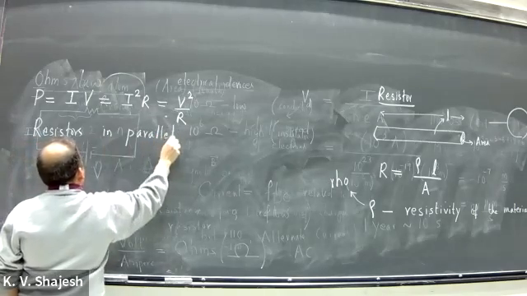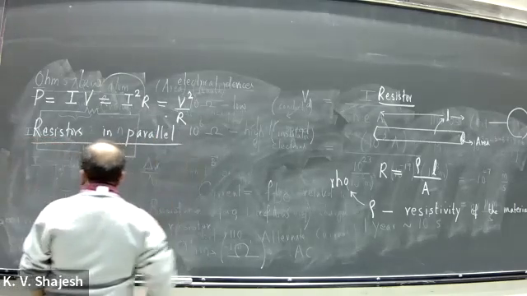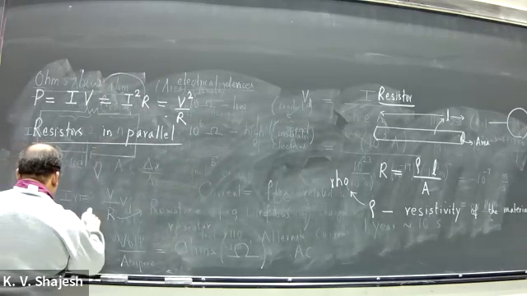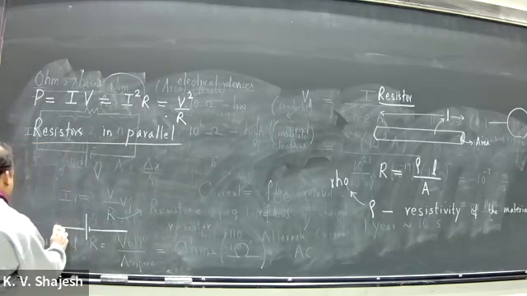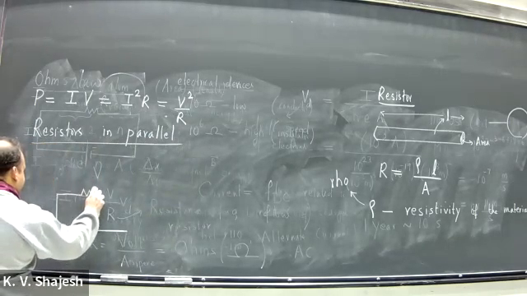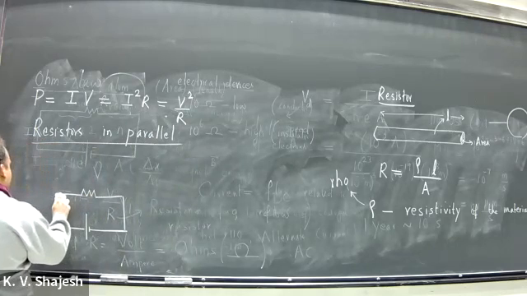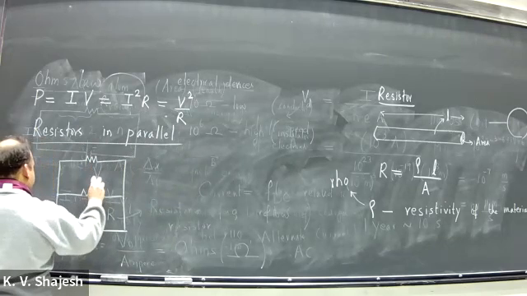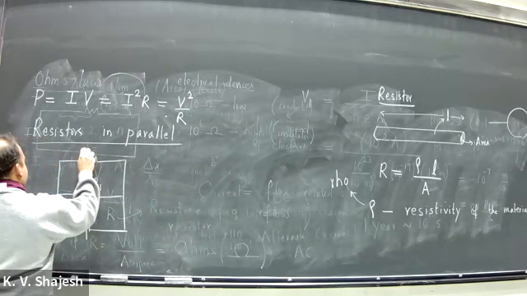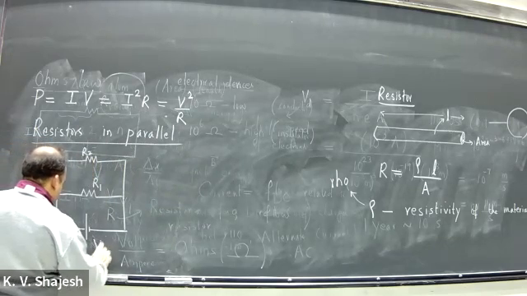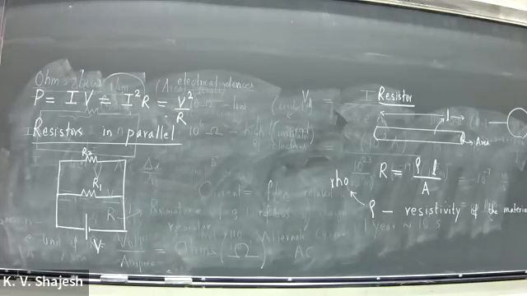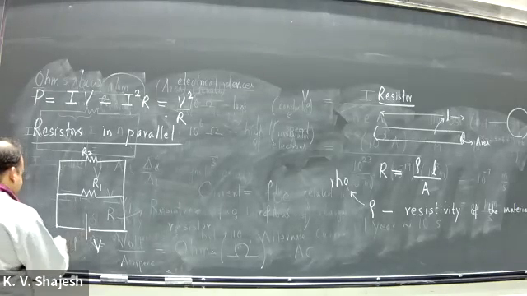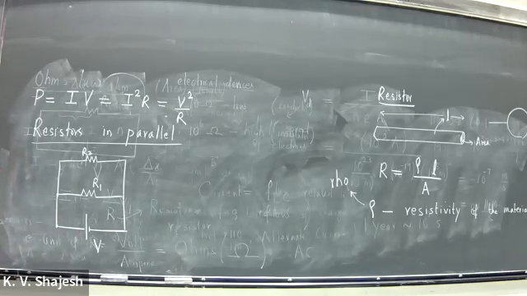Resistors in parallel: you have a battery, you connect it to a resistor R1, and that's R2. That's voltage V. Think of flow. Current is a flow of charges.